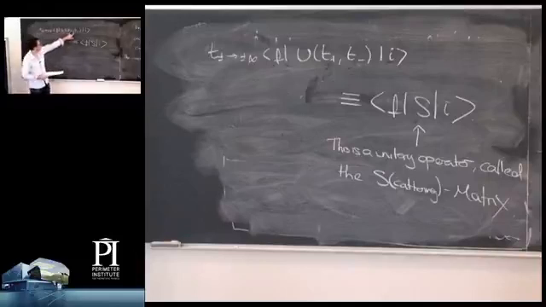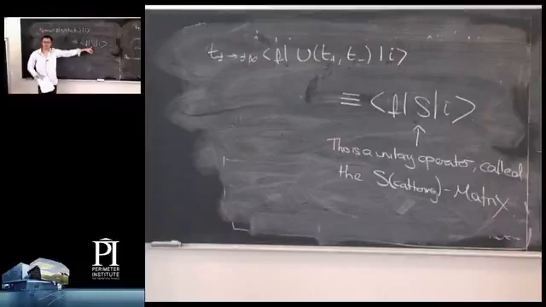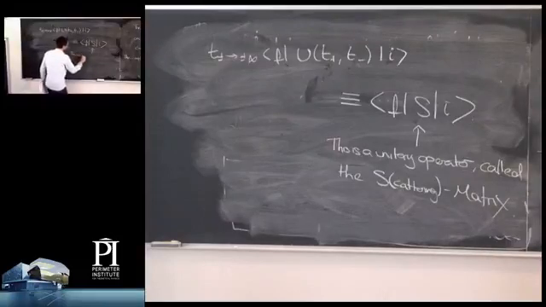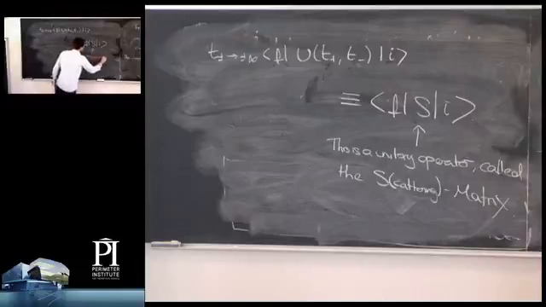This operator going from minus infinity to plus infinity is called S. It's a unitary operator that's called the S matrix. So S for scattering.